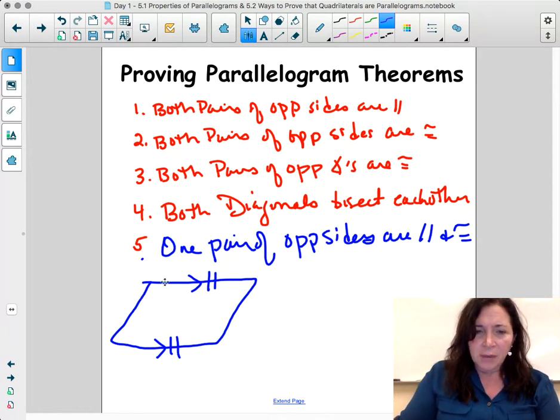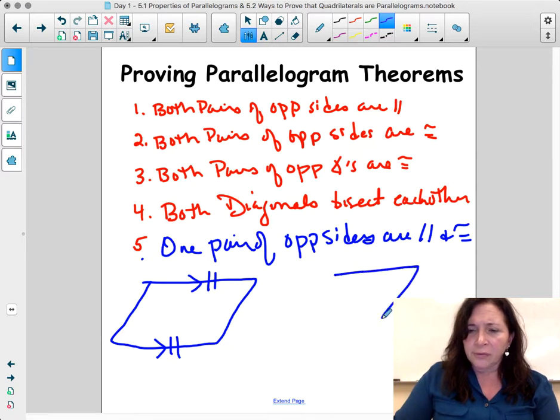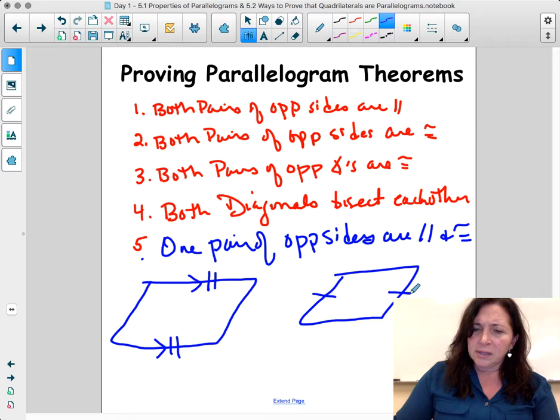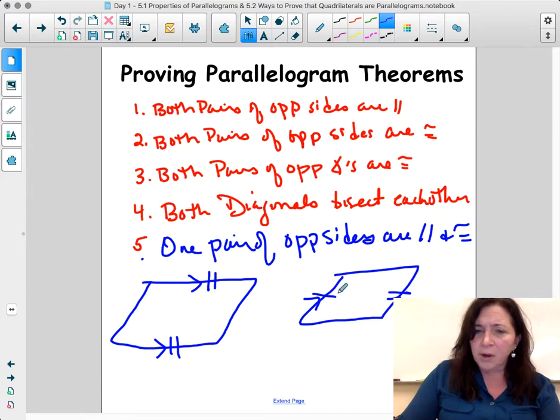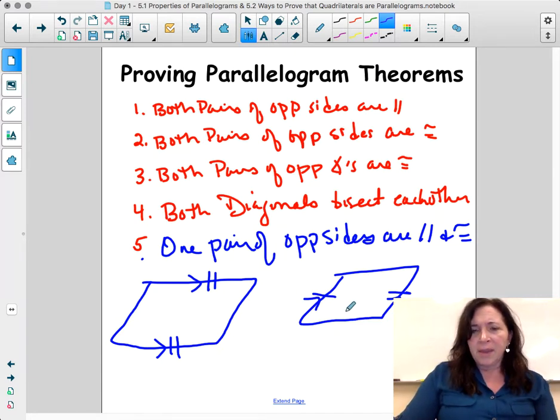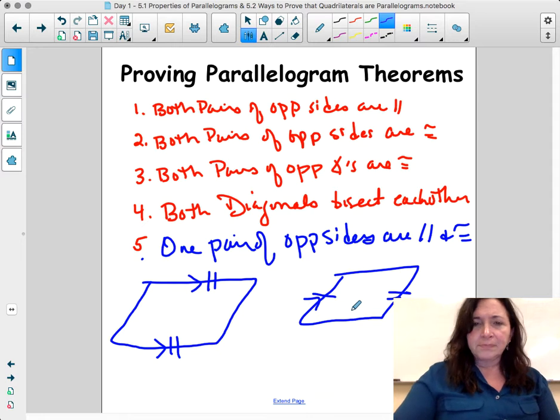That makes this shape a parallelogram, that quadrilateral. And likewise, I could also draw it this way. And if I said this side is congruent to this side and parallel, one pair of opposite sides are parallel and congruent, that makes that a parallelogram.